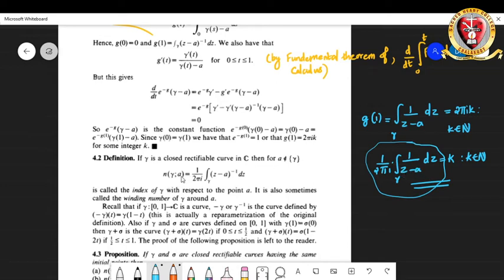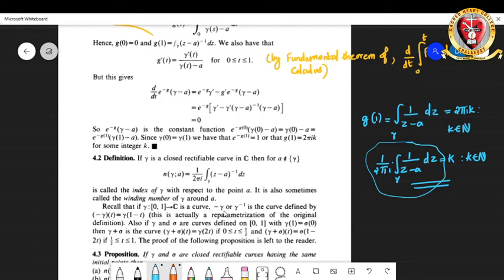So we are calling that integer the index of gamma with respect to the point a. You know that gamma is involved in this term as well as a point a. So this is defined as the index of gamma with respect to the point a, and also called the winding number of gamma with respect to a or around a.